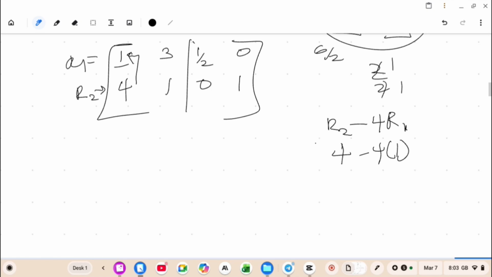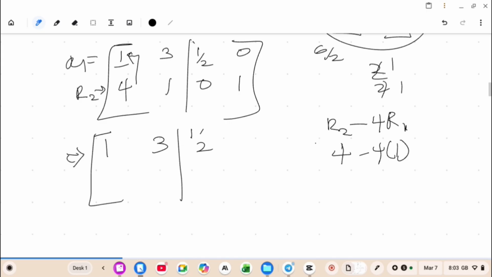When you subtract 4 from 4, it is 0. So our next stage: we have 1 here, this 3 here, this is half, 0, and we've worked on this 4, and now we have 0 here.